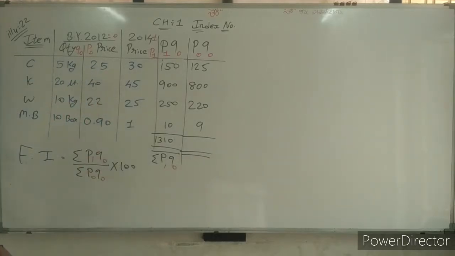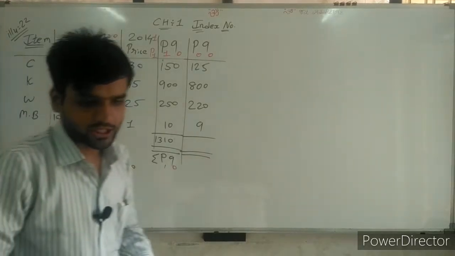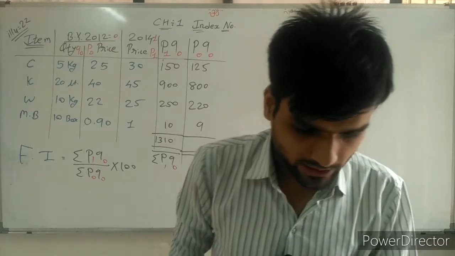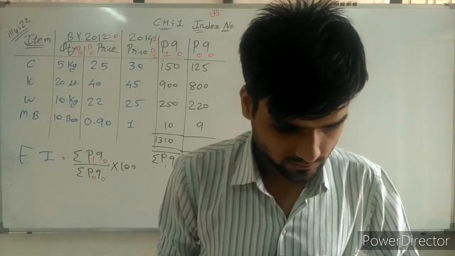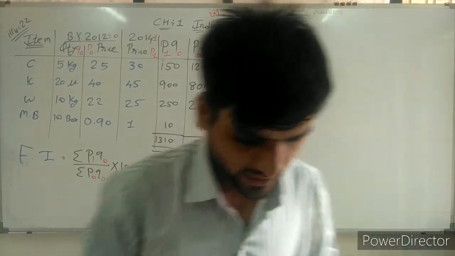Now make total of this. If you are making total of this, you are getting answer 1044.